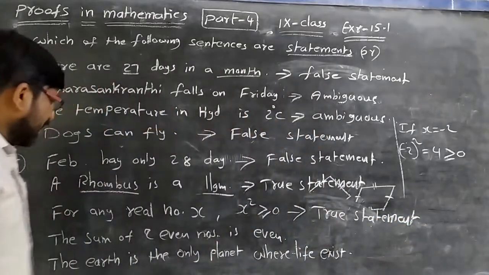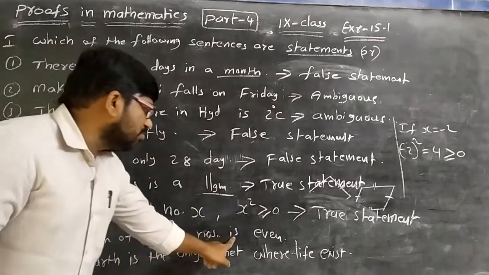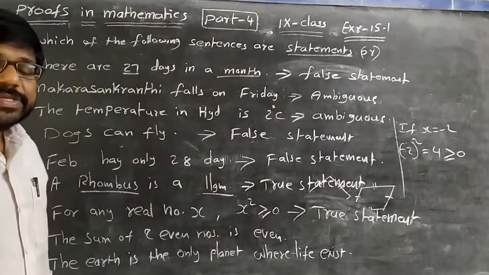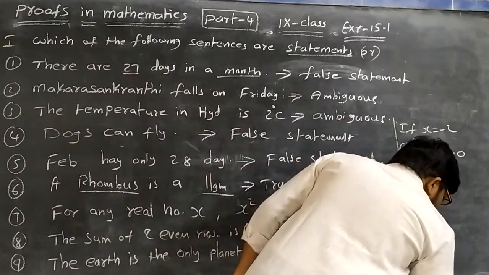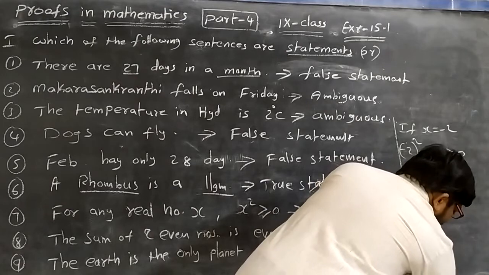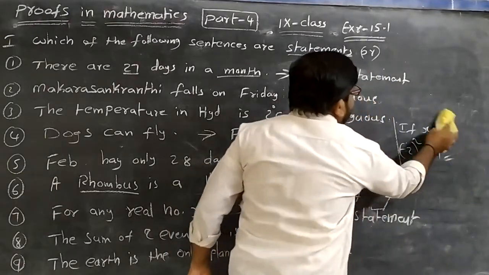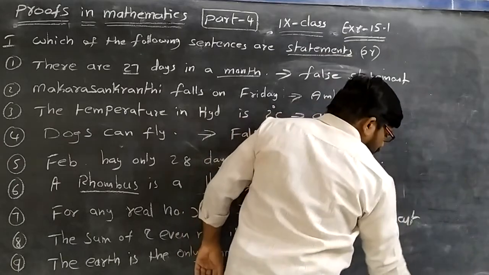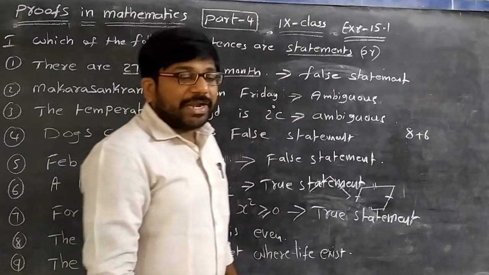Right? Next. The sum of two even numbers is even. So take two even numbers and you can check whether it is correct or not. 8 and 6. 8 is even and 6 is also even.